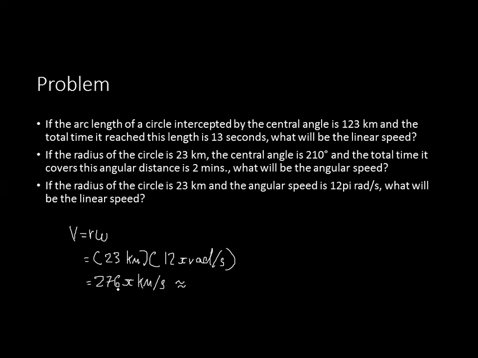You could actually, but it would take a lot of time. So if you approximate the answer, you will have 867.08 kilometers per second. And that is our final answer.